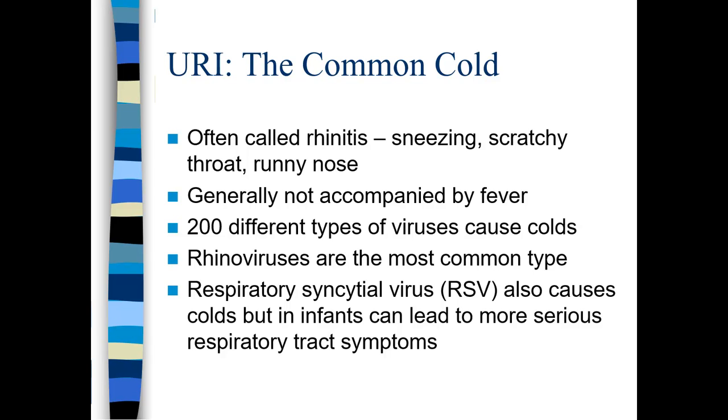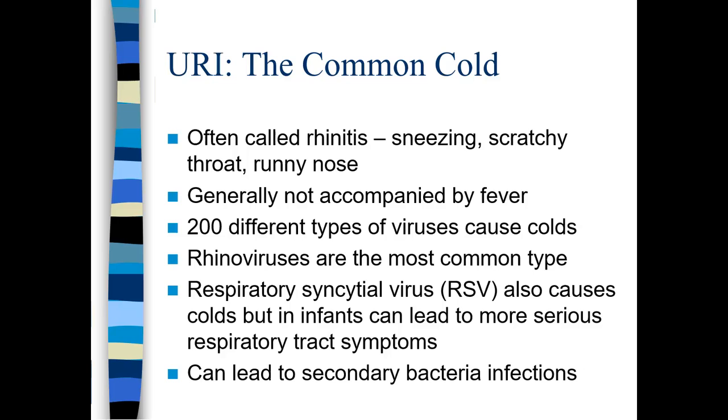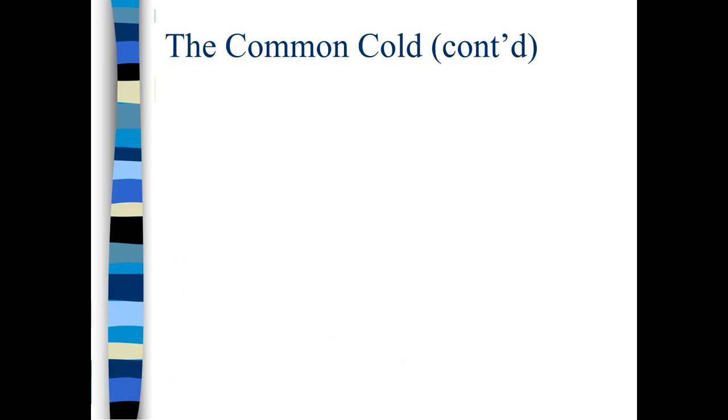There's a real concern about RSV, and these can also cause colds, but they can lead to more serious symptoms. And these types of infections, these minor viral infections, can lead to secondary bacterial infections.